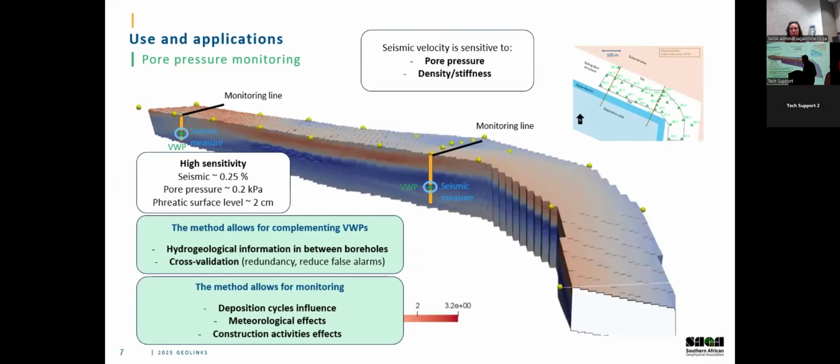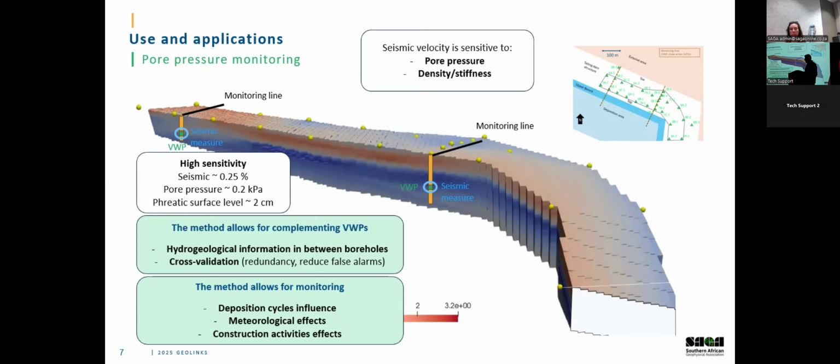So if we apply it to that pore pressure monitoring application, we can provide hydrogeological information between boreholes, between these 2 piezometers here. It's about 300 meters, I think.